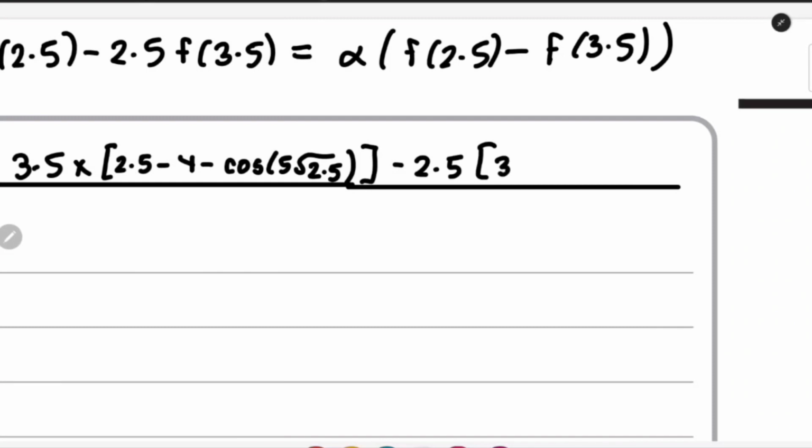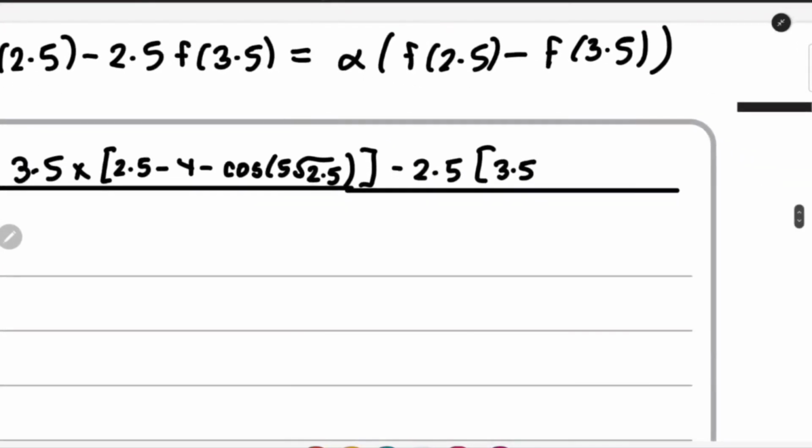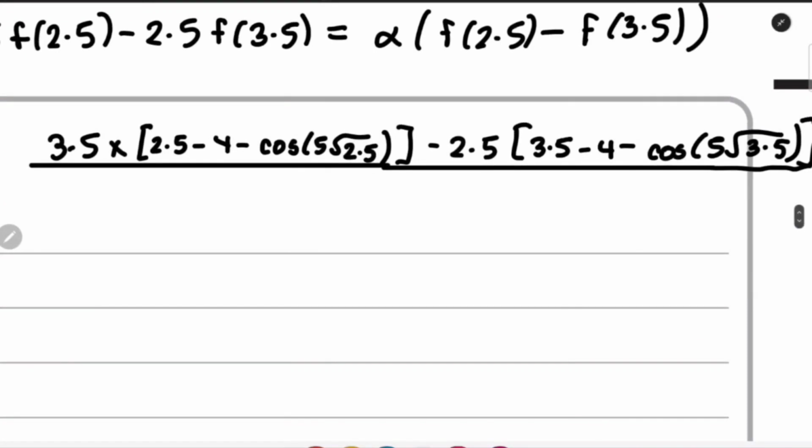So 3.5 minus 4 minus cos of 5 root 3.5, and on the bottom we'll have f 2.5 minus f 3.5.